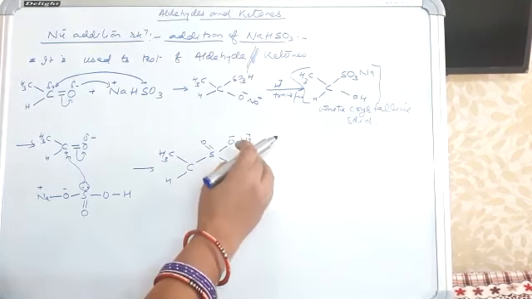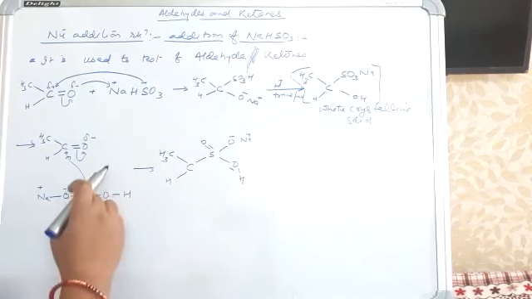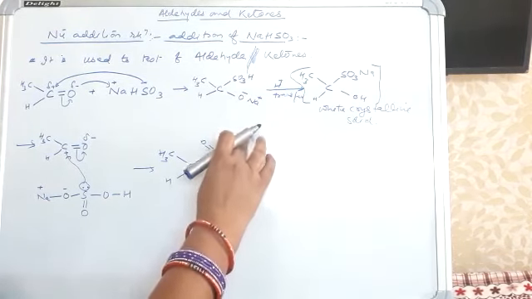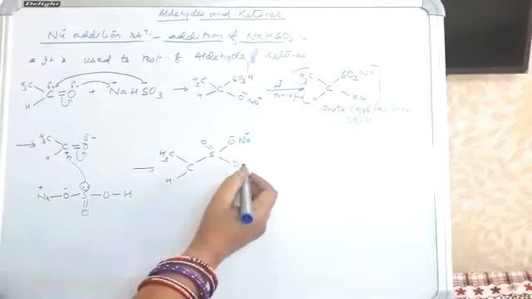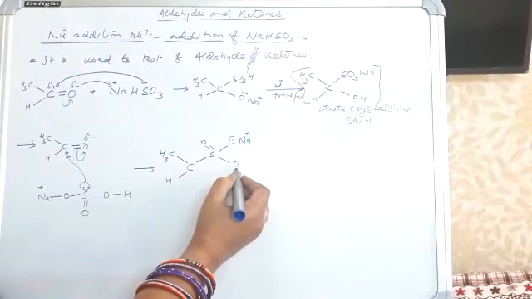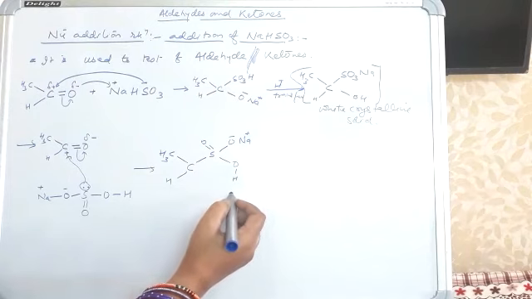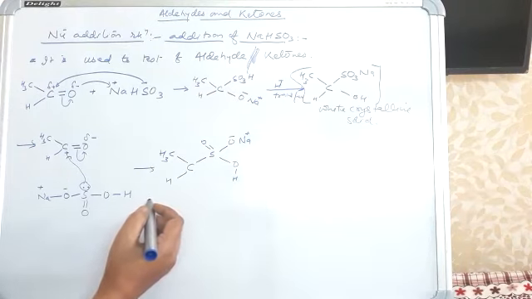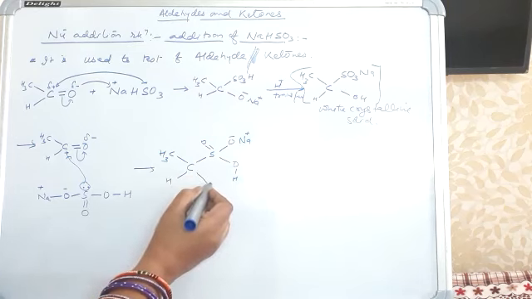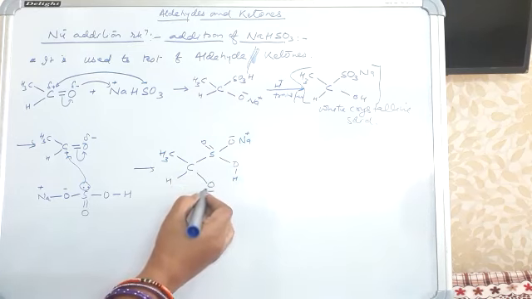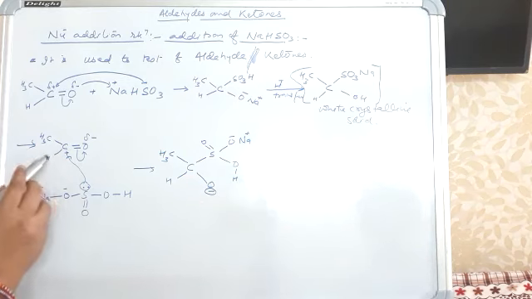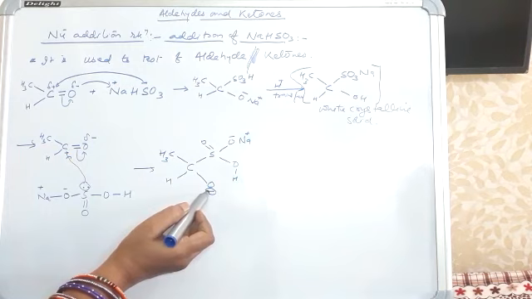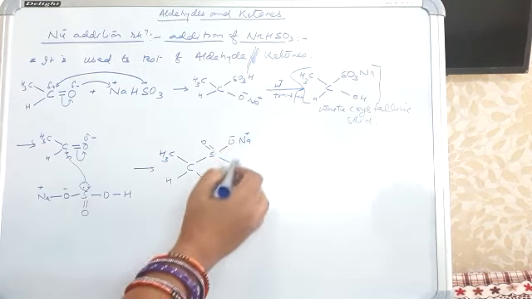SO3H, SO3Na. Carbon attached with this group, oxygen acquires negative charge, and this group present here.